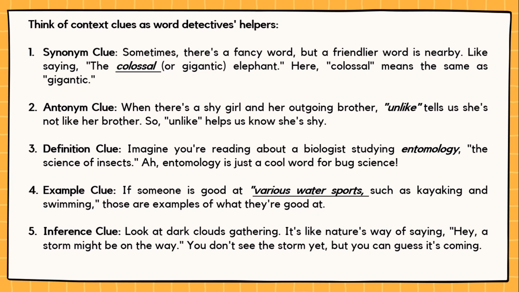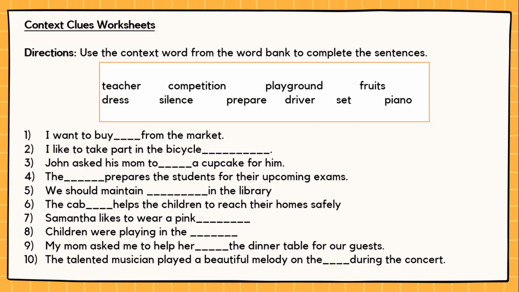All right, now I would like you to answer these 10 questions. All you have to do is to use the context word from the word bank to complete the sentences. Saan po isusulat, sir? Sa notebook. Write it neatly, okay? Ayoko na may mga erasures.